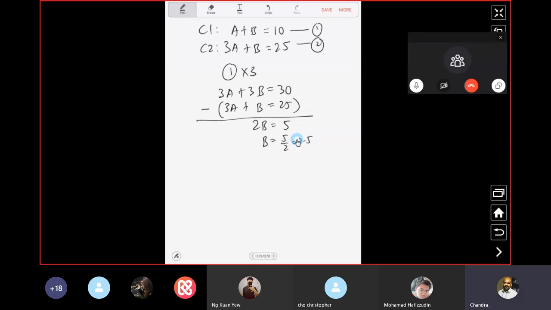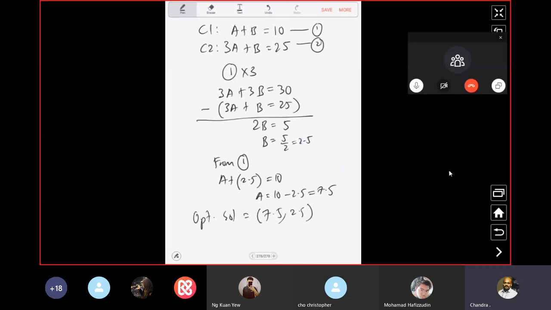B is 2.5 from 1. I will get 7.5. My optimal solution is 7.5, 2.5. Okay, this is my optimal solution.